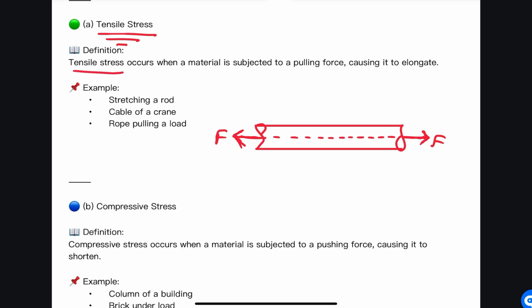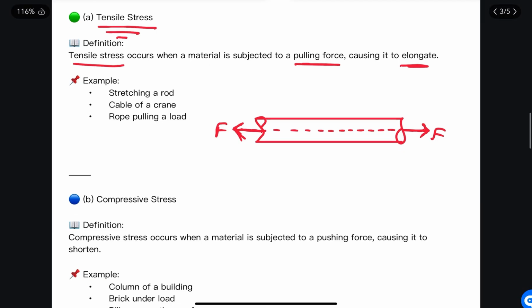So tensile stress occurs when the material is subjected to a pulling force. What's an example? A stretching rod, or the cable of a crane.